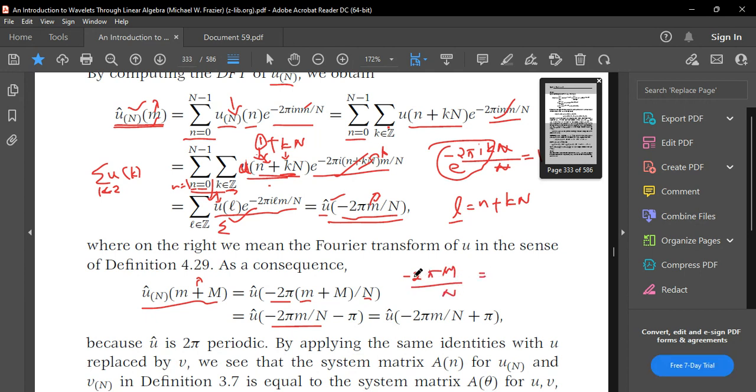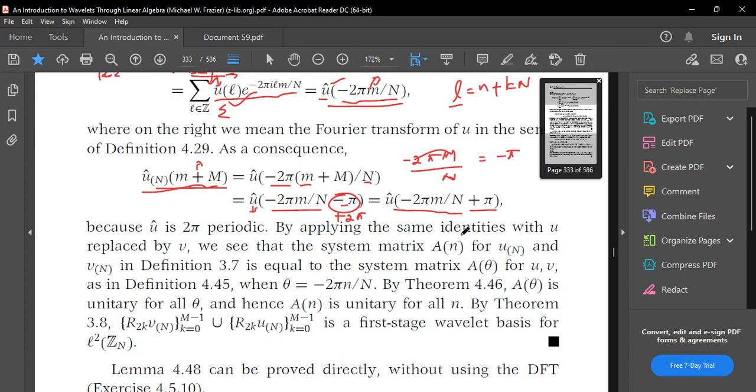It becomes 2M equal to N, so minus pi remains here. Minus pi is written. What is this one? U cap of minus 2 pi m by N. Since u cap is 2 pi periodic, apply plus 2 pi; plus 2 pi and minus pi here, we will get plus pi. So u cap N of m plus M is equal to u cap of this one.